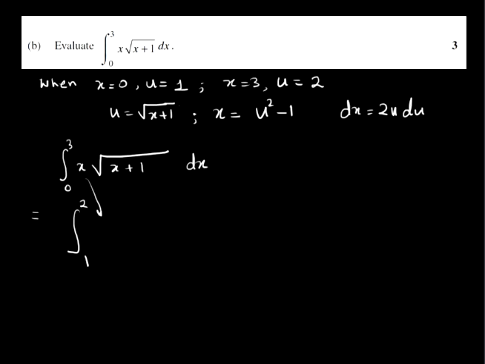The x is given by this, so it's (u squared minus 1) in brackets. Square root of x plus 1 is u, so I'm going to write u here for this part of the equation. And dx is given by 2u du.